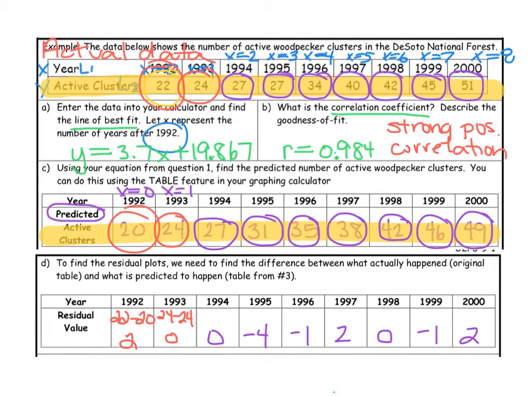So keep in mind again that 1992 is the years after 92, so this is x equals 0, x equals 1, 2, 3, 4, 5, 6, 7, and 8. So this is going to go on our x-axis, and we're going to plot the residual values on our y-axis, and that's part E.